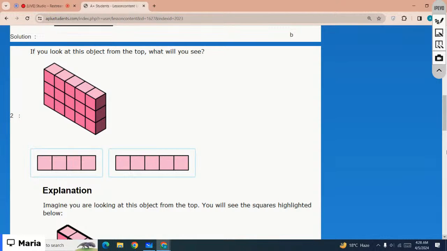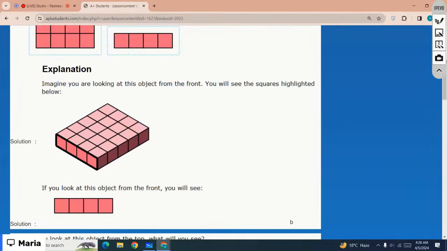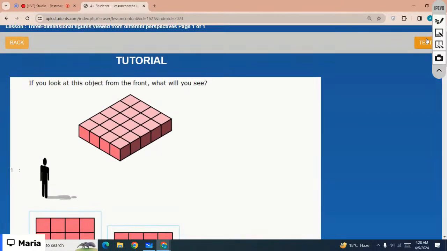Option number B is the correct option. Got it? Let's just start with the practice questions.